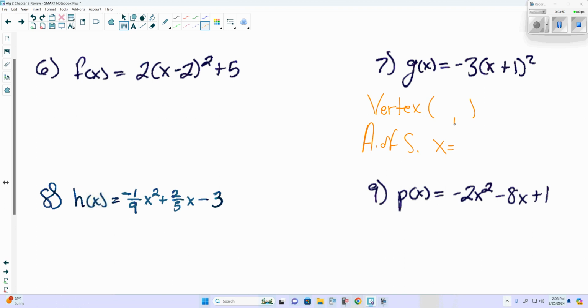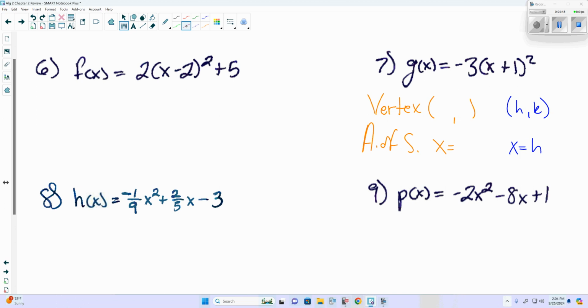Now in the general form, the vertex is (h, k). The axis of symmetry is x equals h. If you want to, you can put on that general form that these two are assigned to this one here. Because when we're just asked for the vertex and axis of symmetry, we're just looking for these, especially if it's f of x, g of x.